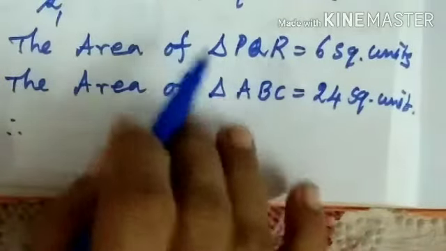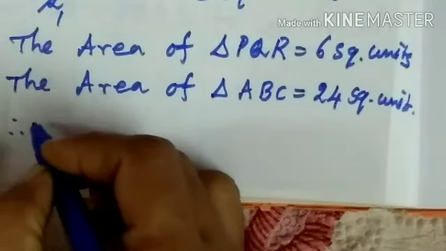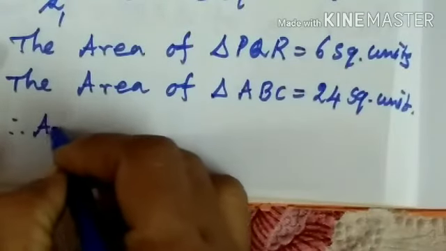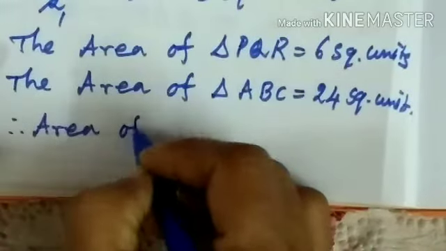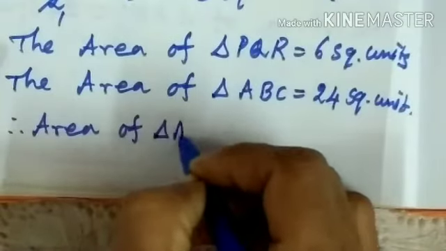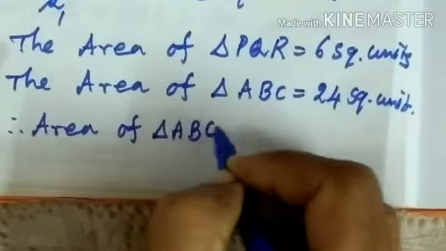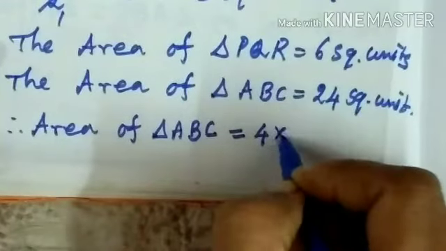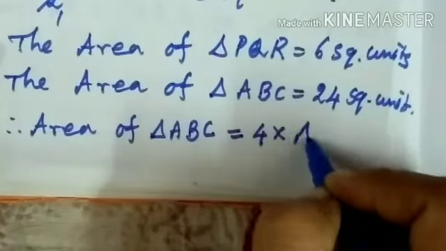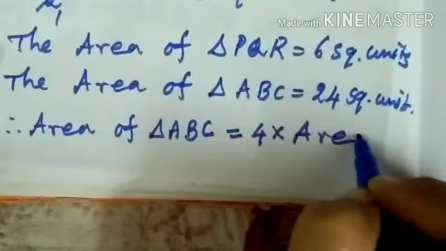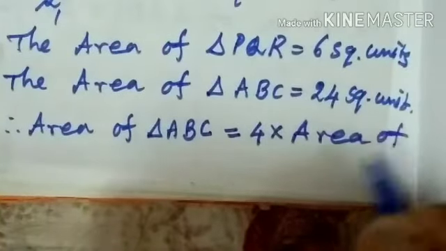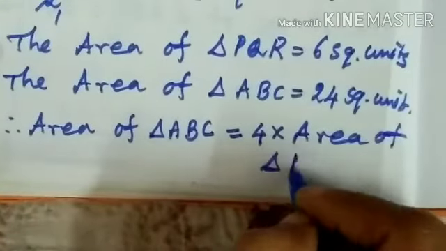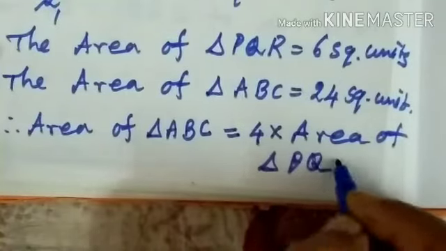Comparing these two areas, we have area of triangle ABC is equal to 4 times the area of triangle PQR.